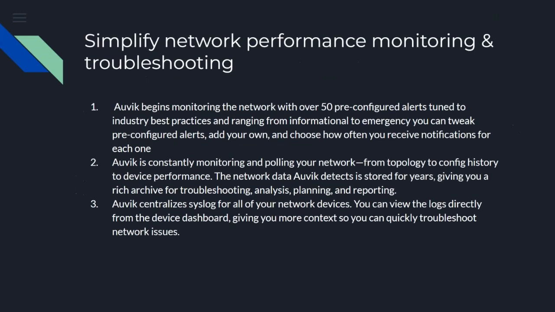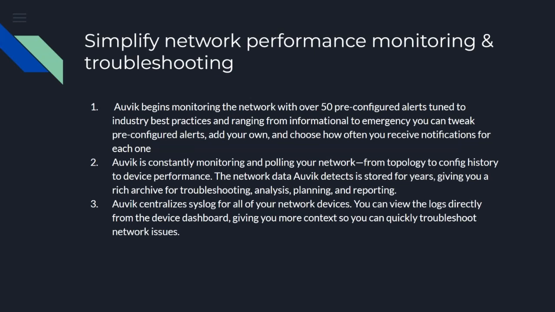So for the fourth feature, simplify network performance monitoring and troubleshooting. We begin monitoring the network with over 50 pre-configured alerts tuned to industry best practice, ranging from informational to emergency.